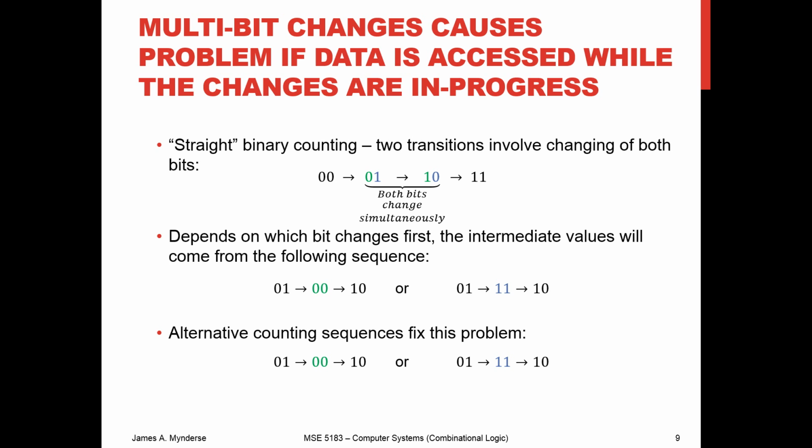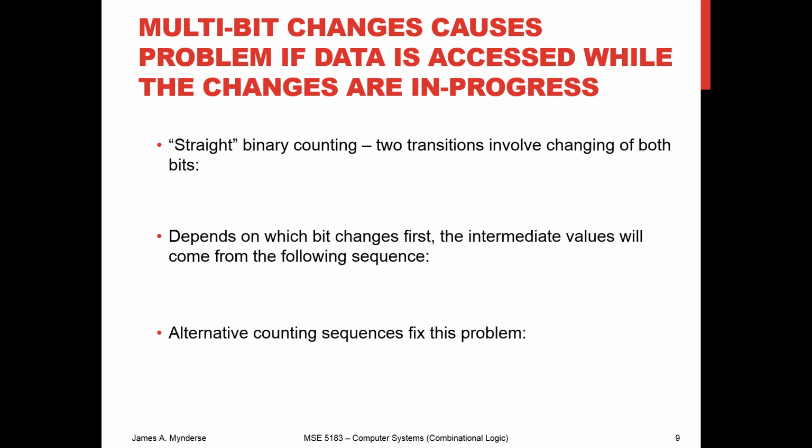To fix this, we want to use a different counting sequence, stepping through a slightly different sequence like this, where it goes 0, 0, 0, 1, 1, 1, 1, 0, and now you can see only one bit changes at a time. If we are worried about reading a temporary incorrect value, which can happen especially with real systems, then something like gray code, which only changes one bit at a time, fixes the problem.